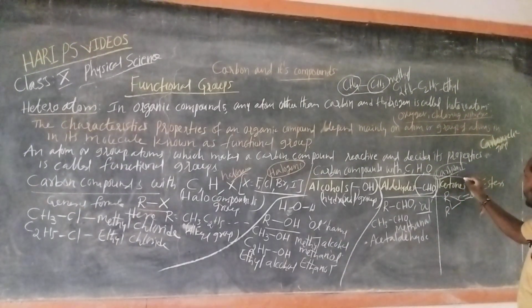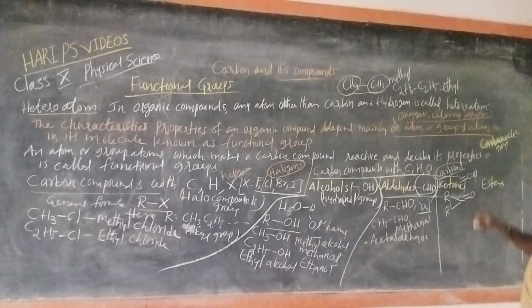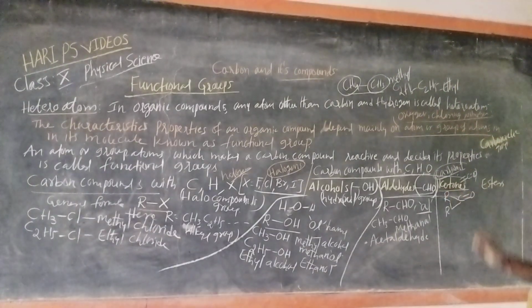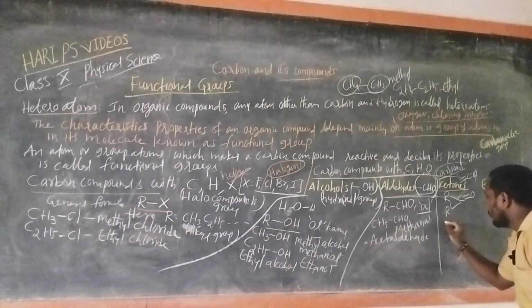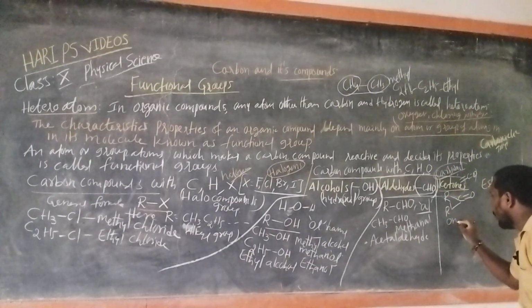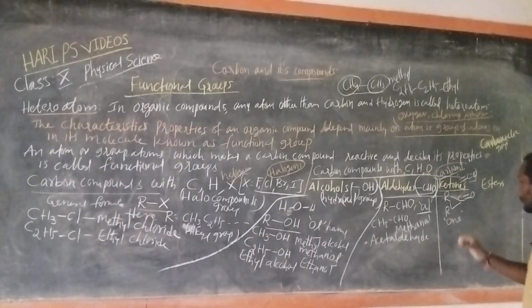So simply we can write C double bond O. Ketones, general formula R, C double bond O, R. We can pronounce it as one. This is called a keto group. Ketones are represented by the keto group. These together are called carbonyl groups.